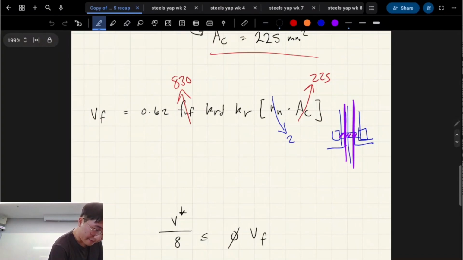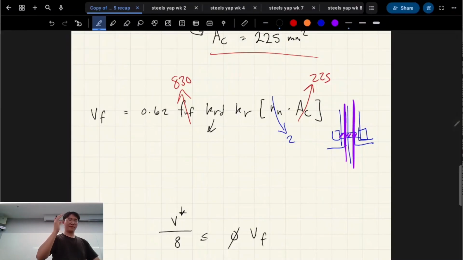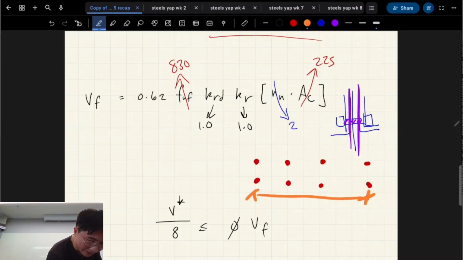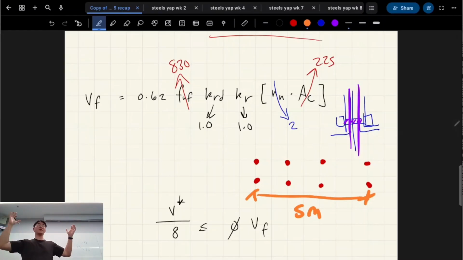Here is a reduction factor if you have 10.9 grade bolts, which we don't, so we don't have to reduce it. That's just one. This is a lap reduction factor. If you have bolts which are lapped, which we do, but let's say that we lap it quite a lot, and the lap is greater than 5 meters, I think it says in the code, we have to start reducing how much these bolts are all contributing, right?